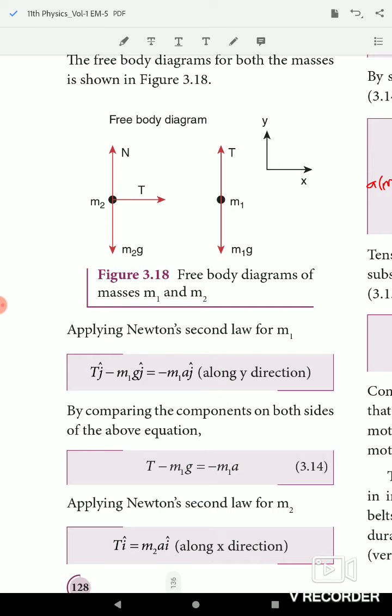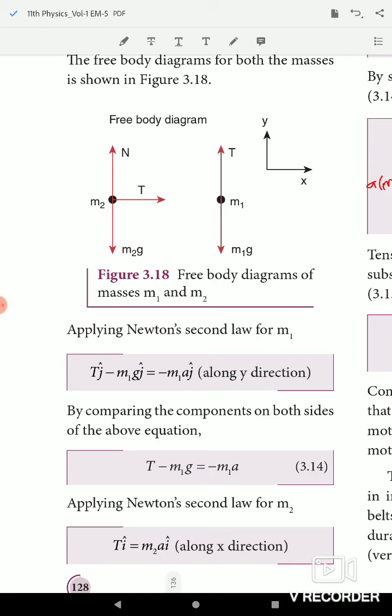This ma is equal to T j cap minus m1g j cap, that is equal to minus m1a j cap, because it acts along y direction. Then j caps are cancelled, so you get T minus m1g equal to minus m1a.